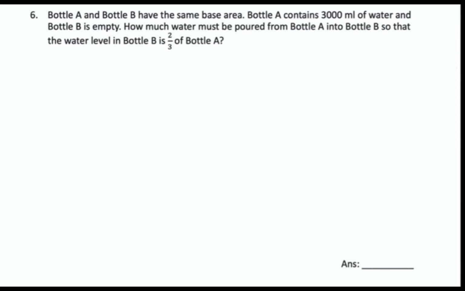All right. So let's continue with this. So in the end, we know that the water level of B to A is 2:3, right? 2 for B, 3 for A. And if they're the same base area, essentially they are the same container, then the volume and the height ratio will be identical.